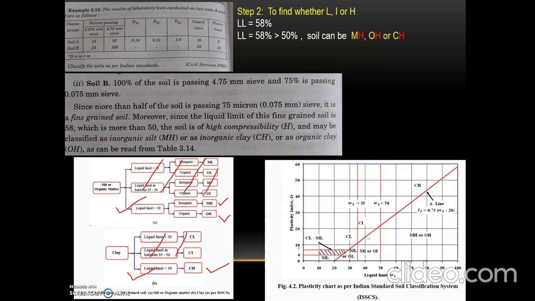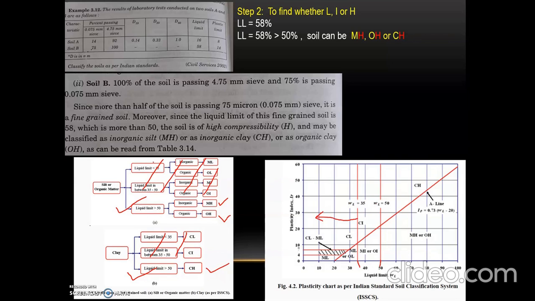Now the same can be understood even more clearly by this plasticity chart. On the x-axis we can see that the liquid limit is being represented. It starts from 0 and ends at 100%. This is liquid limit equal to 20%, from which the A line starts. The equation for the A line is shown over here, and this point is for liquid limit equal to 35%, and this line is for liquid limit equal to 50%.